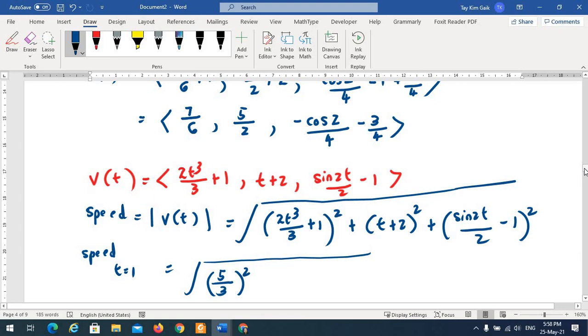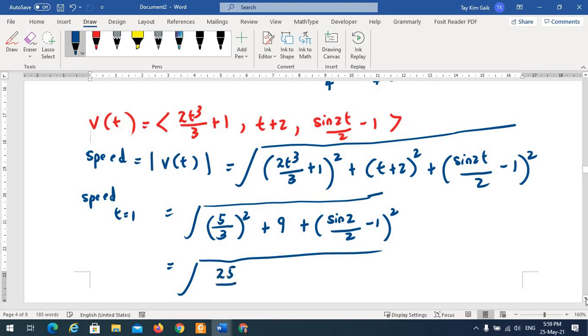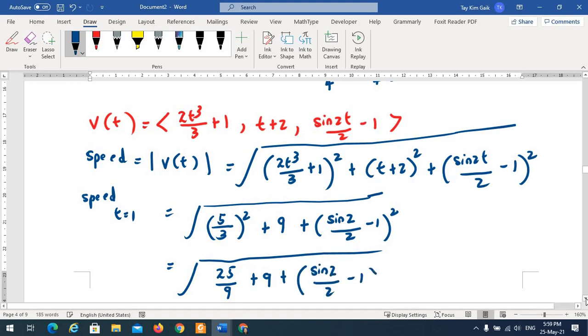When t is 1, 1 plus 2 is 3, 3 squared is 9. And then t is 1, so you have plus sin 2 over 2 minus 1, squared. So this is 25 over 9 plus 9 plus sin 2 over 2 minus 1, squared.